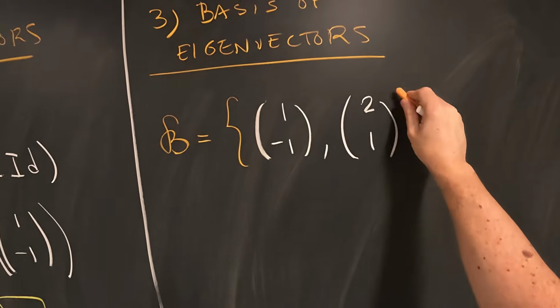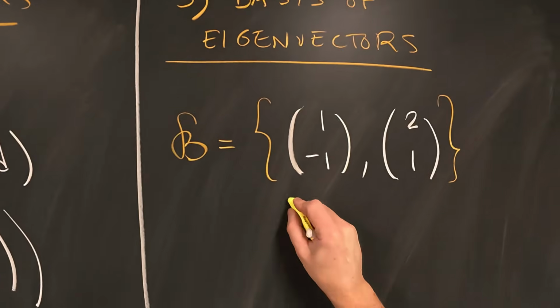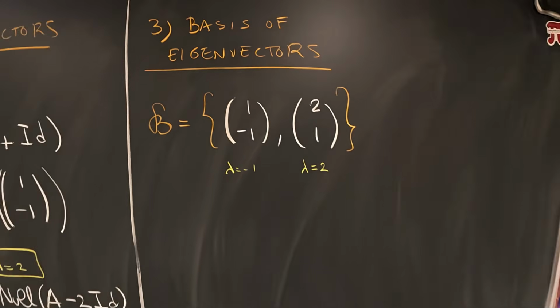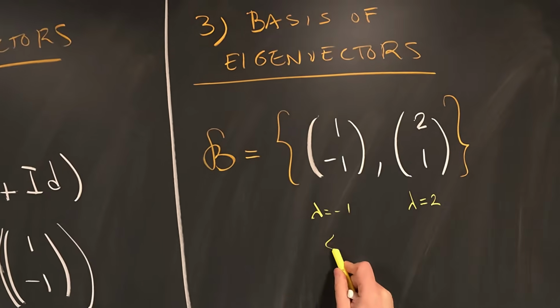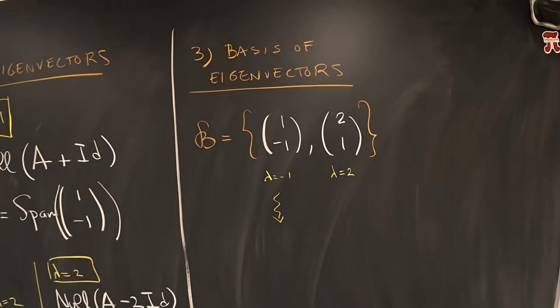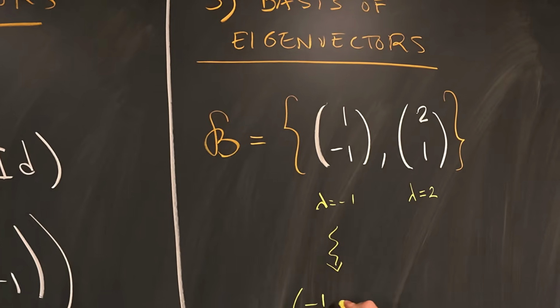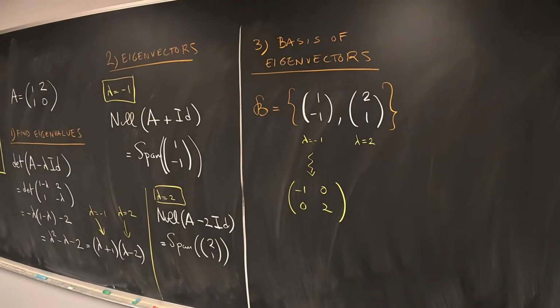This is the eigenvector that corresponds to lambda equals minus 1. This is the eigenvector that corresponds to lambda equals 2. So I already know what the diagonalization is going to look like: minus 1, 0, 0, 2. But let's see how that actually happens.